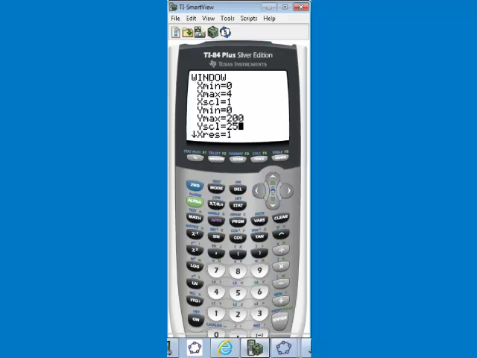If I press graph, let's see what happens. There we go. So it is the time that passes, and for any point in time, it indicates the height.